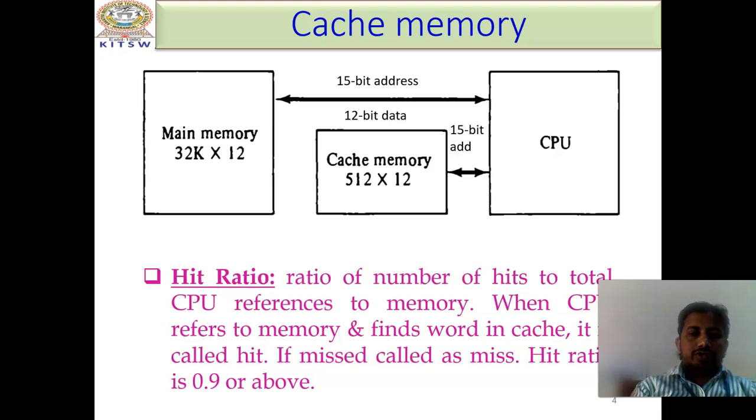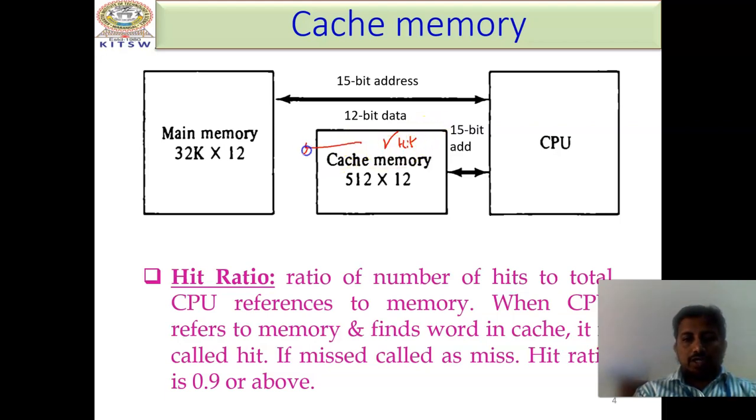And coming to the hit ratio and miss ratio, or what is a hit and what is a miss. Suppose a CPU is referring to some particular data, and if this data is found in the cache, it is a hit.